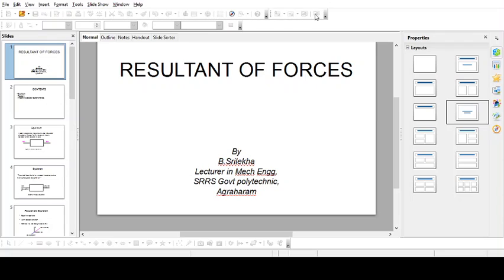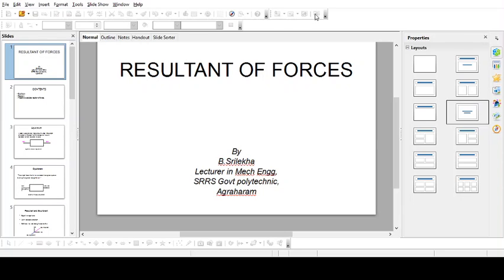So let us discuss a few problems on this equilibrium of forces. Find the magnitude and direction of the single force that brings the following system of concurrent forces into equilibrium.